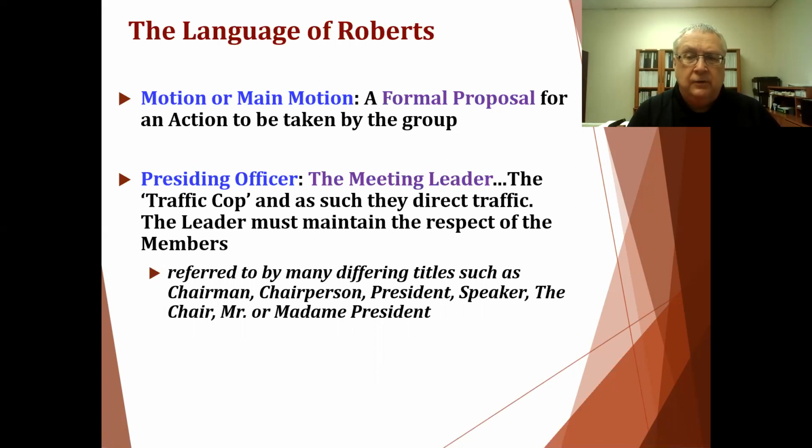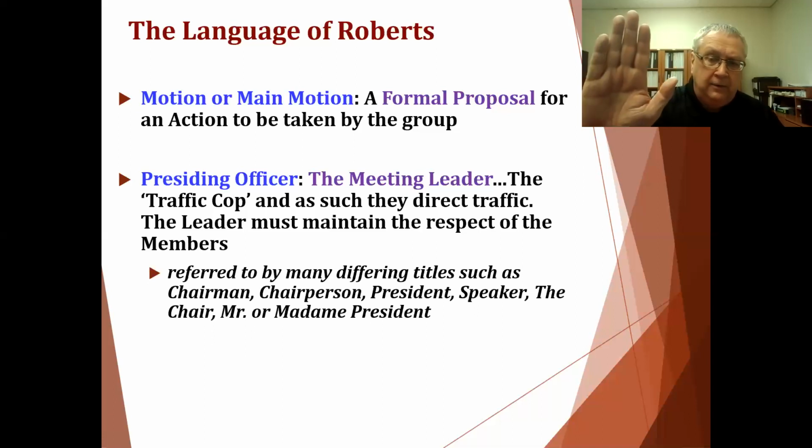Now, I want to just dwell a minute on this concept of the presiding officer as a traffic cop. They direct traffic. When you think about a traffic cop, they don't usually ask for help.